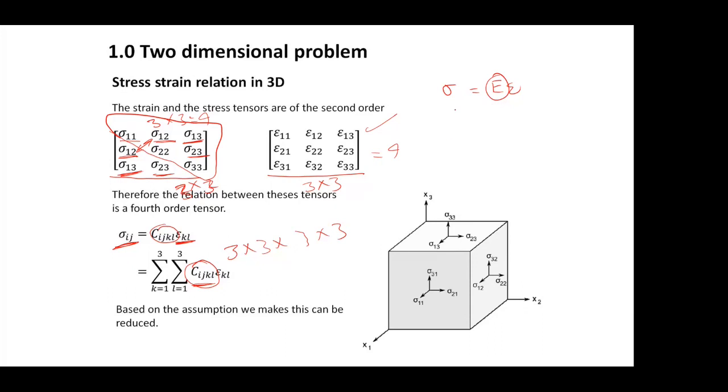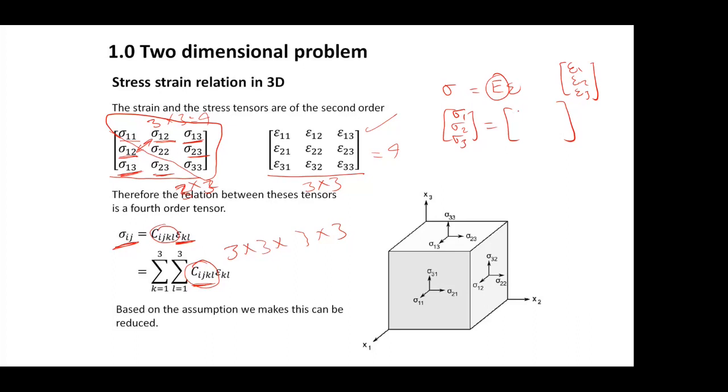Now think about, you have a 3 components vector. So this is sigma 1, sigma 2, and sigma 3. And then you have the strain. It is E1, E2, and E3. And to connect them, you need to have a 3x3 matrix.